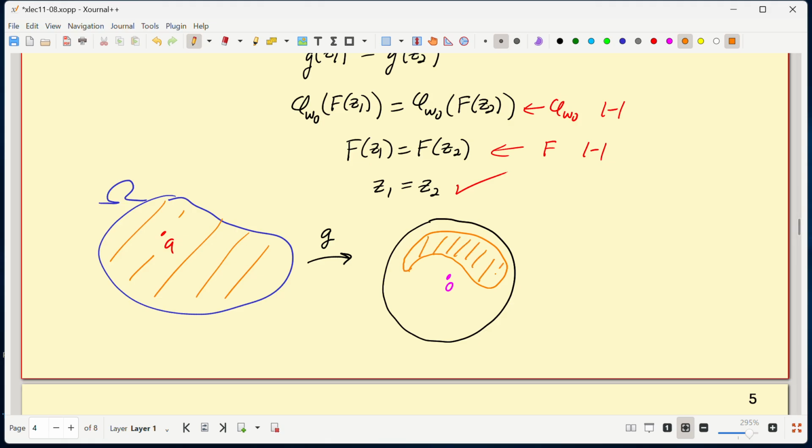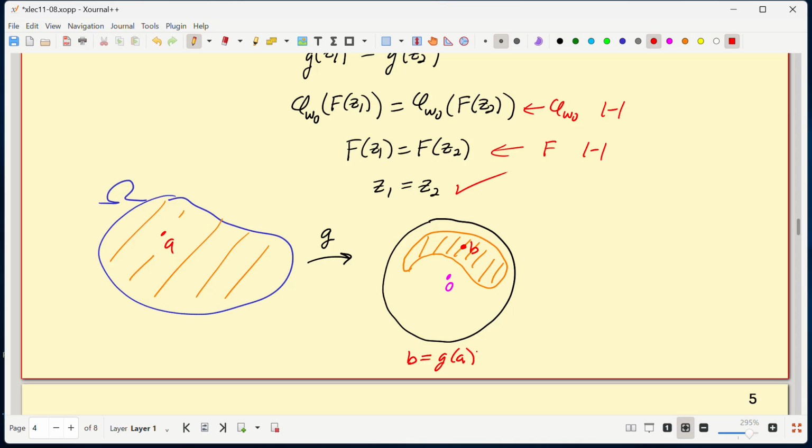It's not the same blob as before when I take the square root. But the blob, at least, doesn't include the origin. And now let's say that g maps A to B. So B is equal to g of A.